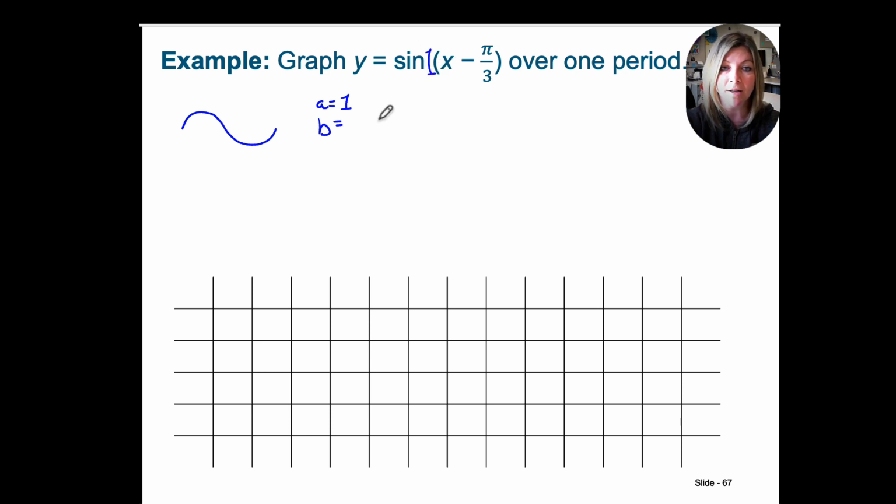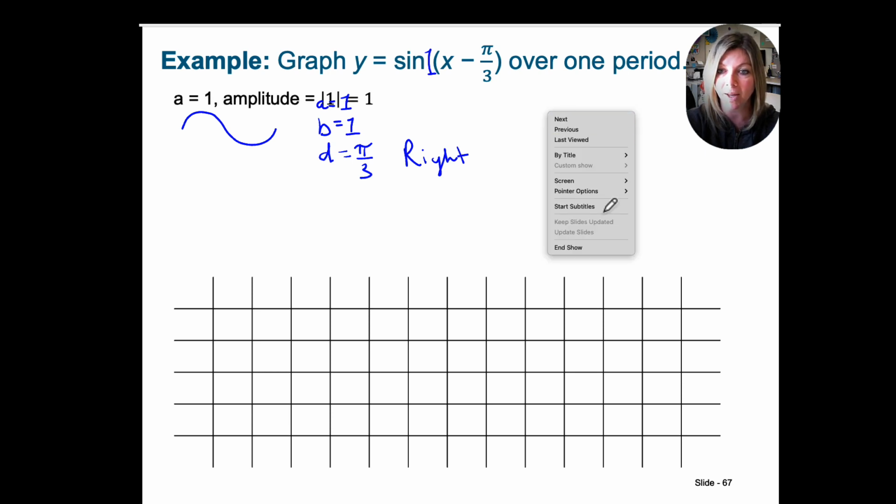Again, that's 1, so the period is not going to change from the parent function. But the next letter we've discussed is d, and we can see in the argument here that d is pi over 3. So we're going to take the parent function sine and we're going to shift it to the right pi over 3 radians.